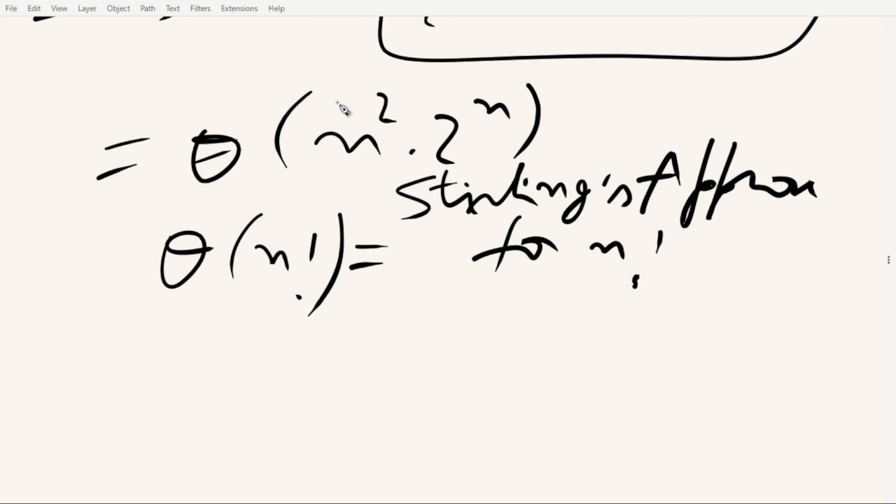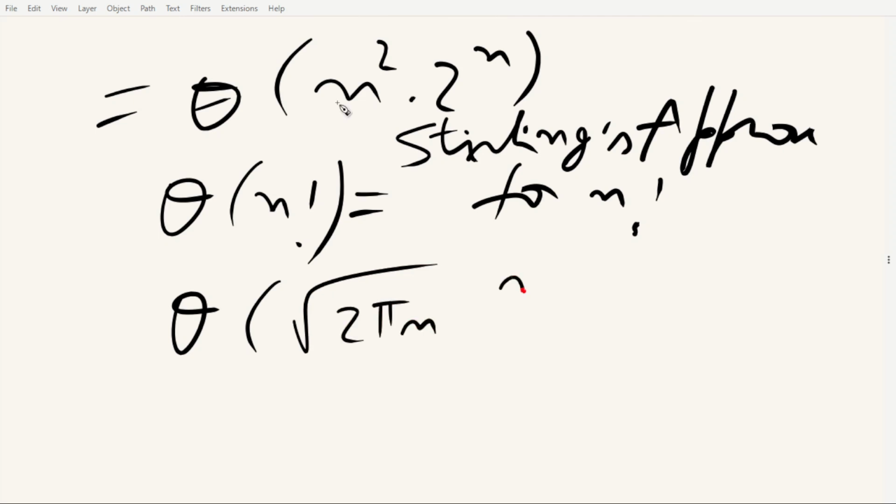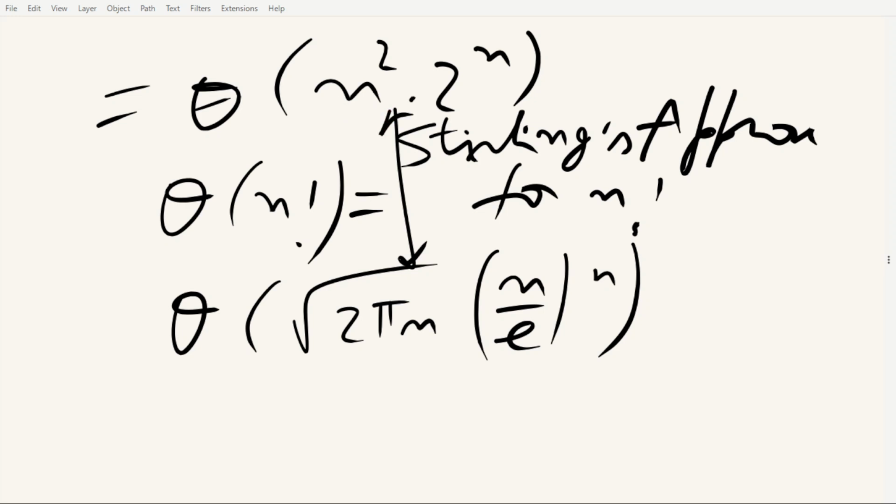So it becomes big theta of, for comparison, square root of 2 pi n times (n by e) to the power n. So now we can compare. So this is much less than the brute force algorithm.